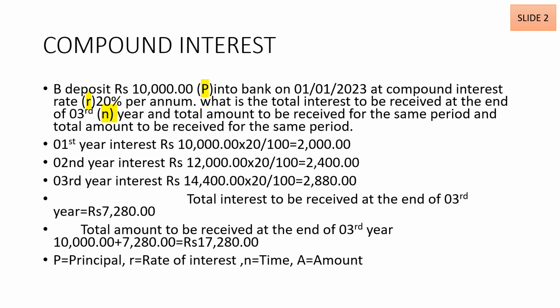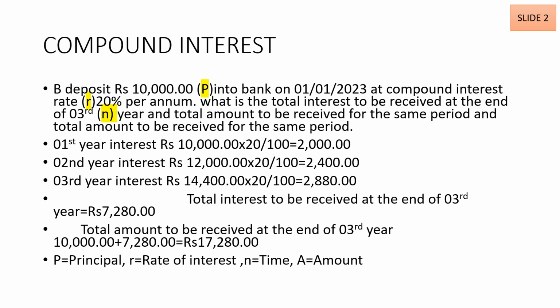Manually, I have calculated the first year, second year, and third year, and at the end of the third year you will have 7,280 as interest. The manual calculation is very simple. You apply the 20% rate on the initial amount of 10,000, and the interest is 2,000.